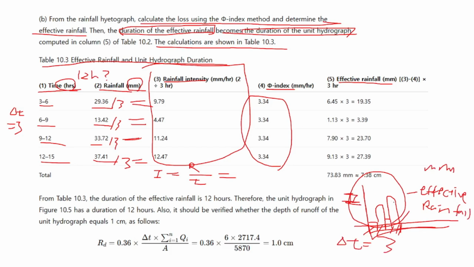Using the phi index, we remove the loss part, so anything below this index line. So we subtract 3.34 and then multiply by 3 hours because that's the delta t, because right now it's in millimeters per hour, but we're looking for millimeters, which is the effective rainfall.